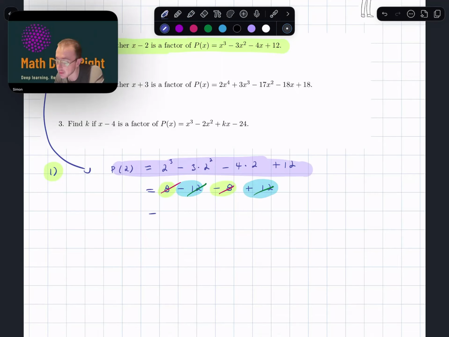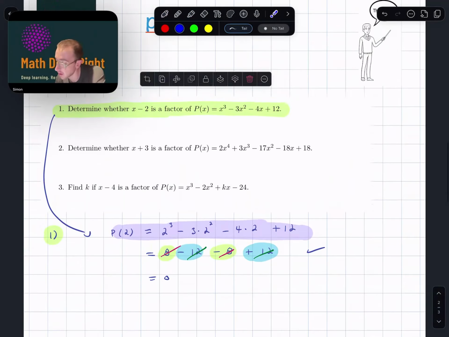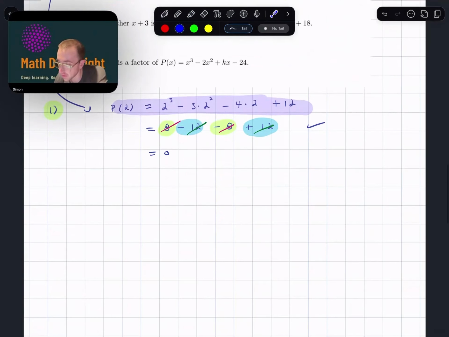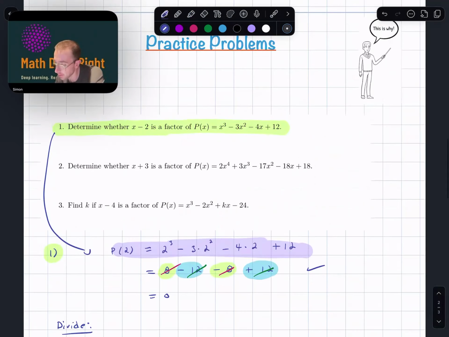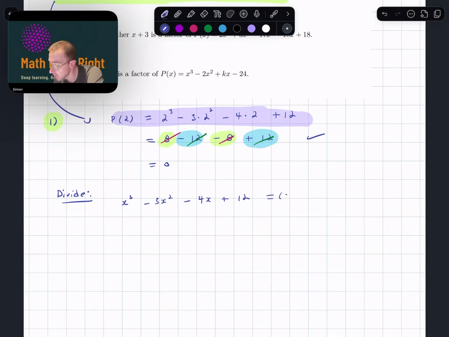And this means that x minus 2 is a factor of p, which is x cubed minus 3x squared minus 4x plus 12. So the next step is let's do the division. Let's divide x cubed minus 3x squared minus 4x plus 12 by x minus 2 with quotient and remainder.